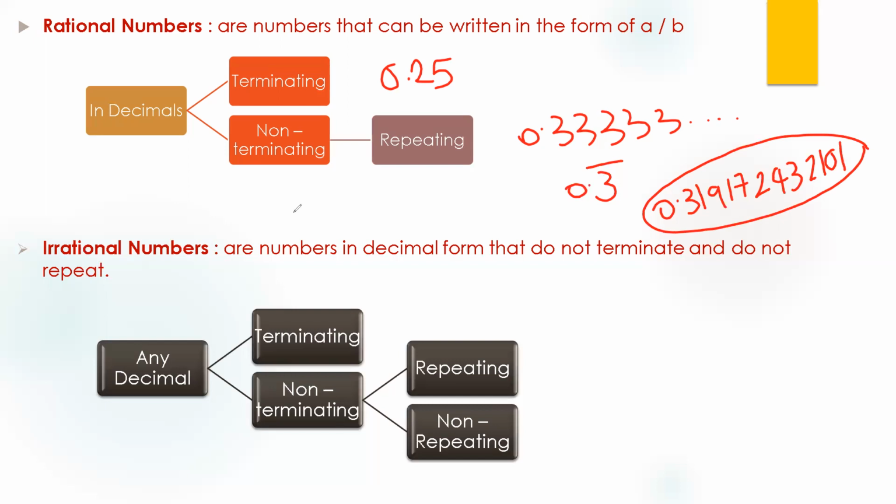For this type of number that is not terminating and not repeating, we call it irrational numbers. So the irrational numbers are numbers in decimal form that do not terminate and do not repeat. So let's now classify the decimals here.